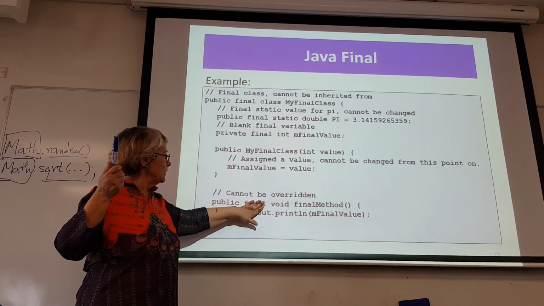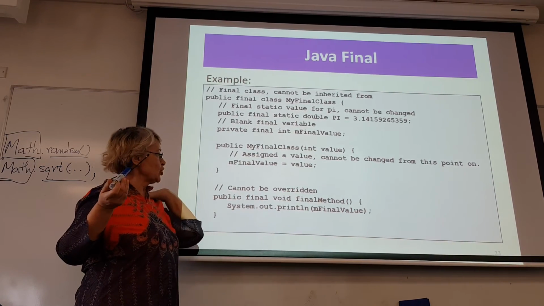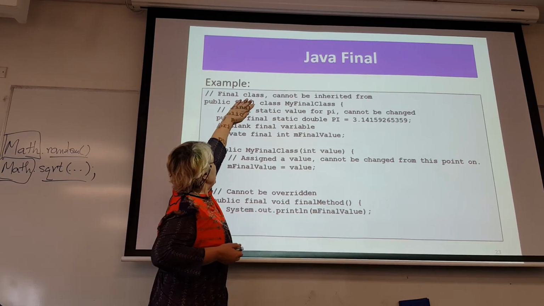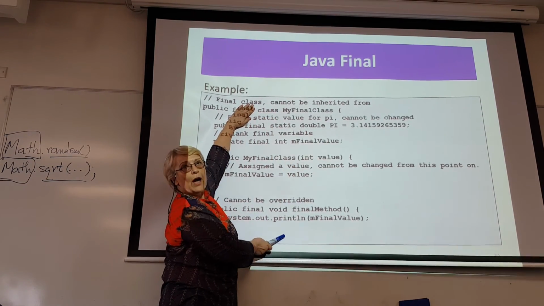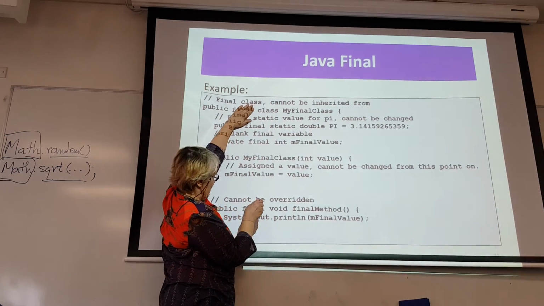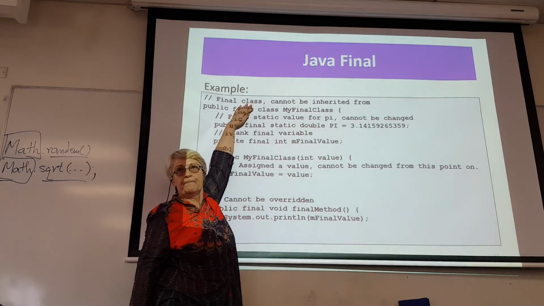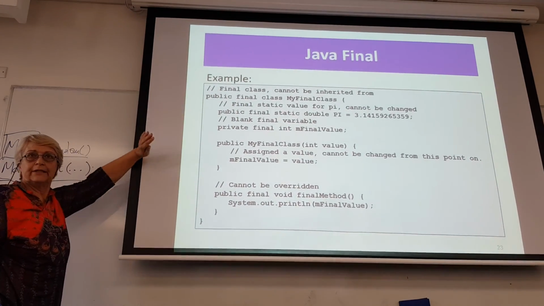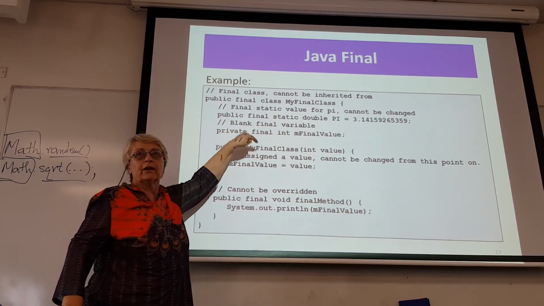And here we have a final method, which if we wouldn't have here, this class would have been derivable, and then with this final here, this method can't be overridden in the derived class. So a method can be final. This is an overkill.